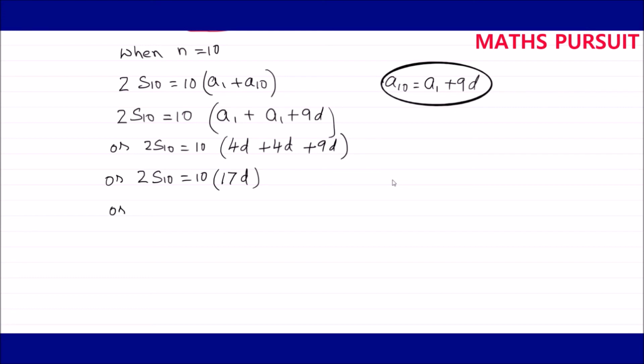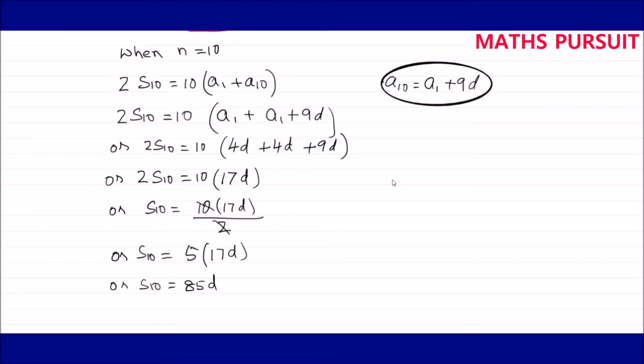Or I can write S10 is equal to, moving 2 from the left side to the right side, it will come to the denominator, 10 into 17D upon 2. This 2 and this 10 cancel out. We are left with 5 into 17D. Or I can write S10 is equal to 5 7s are 35, 5 1s are 5, that means 85D. Guys, what we got? We got S10 is equal to 85D.